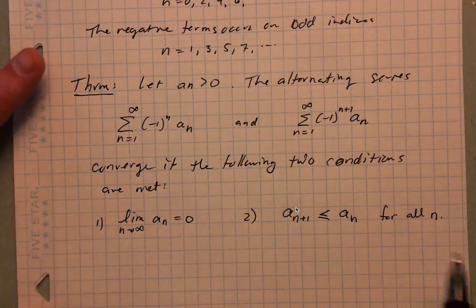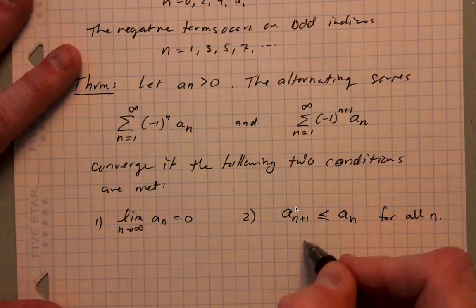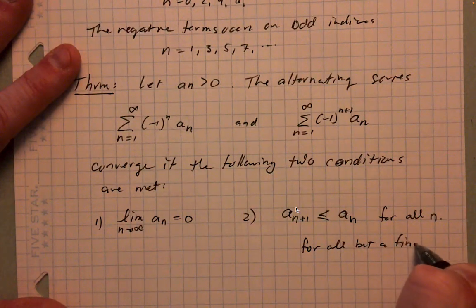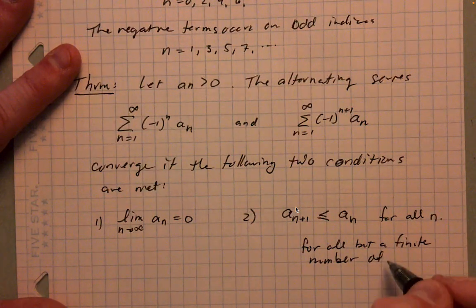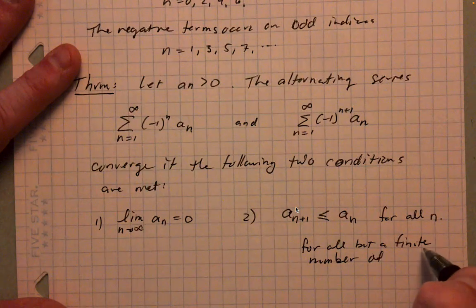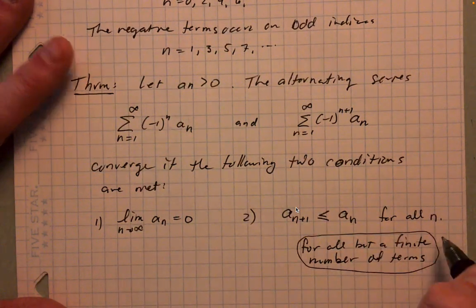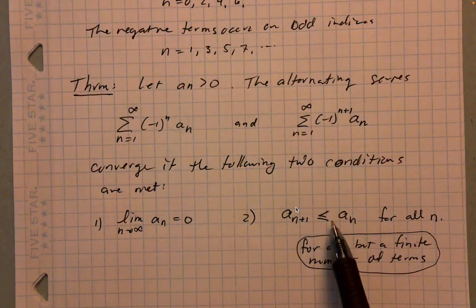Okay. Now, when I say for all n, what I really mean here is for all but a finite number of terms. Namely, it's okay if the first 4 terms don't satisfy this condition, so long as every term after the 4th term does.